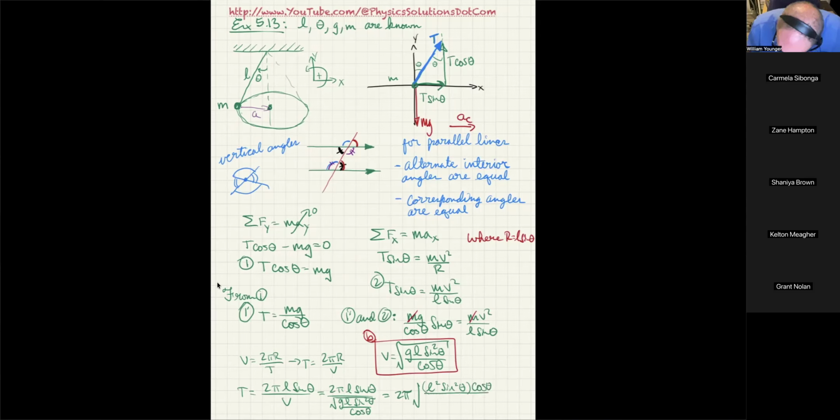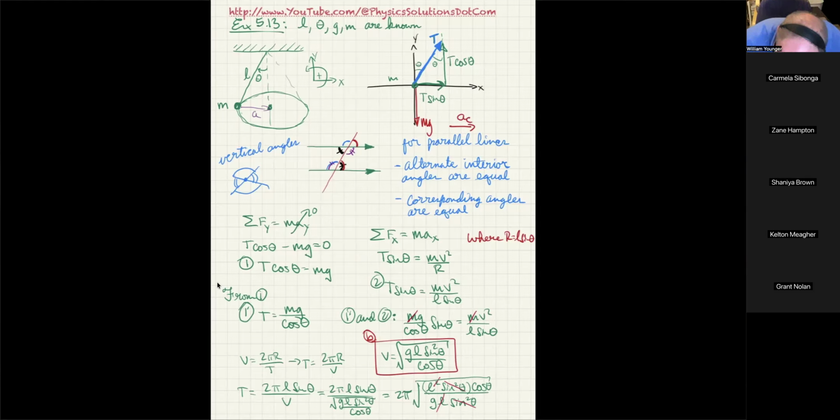And then I have down here GL sine squared theta. So you can see now that one of the L's is going to cancel out. Both of the sine thetas are going to cancel out. And we're able to find that t should equal 2 pi times L cosine theta over g.